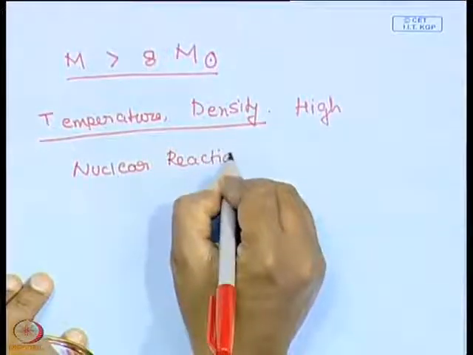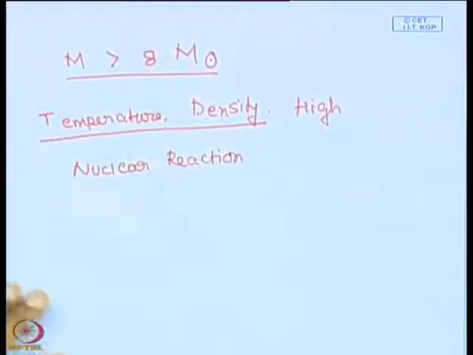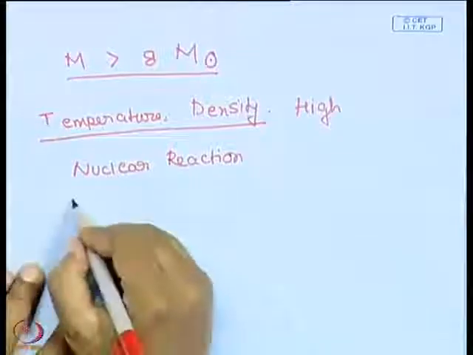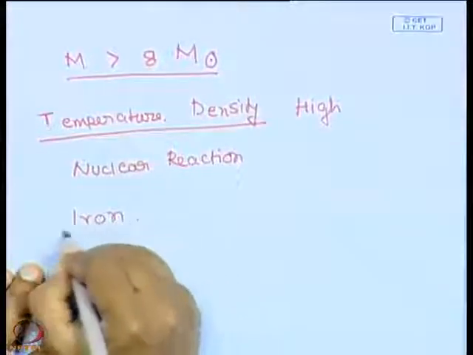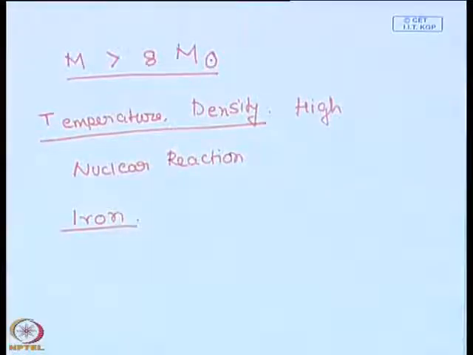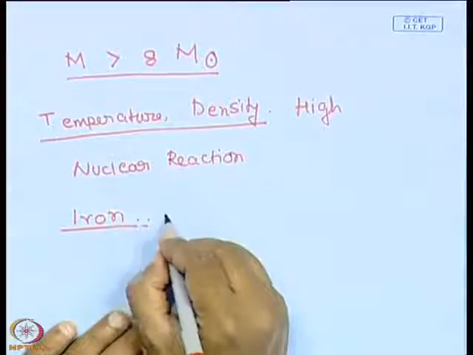So, you have nuclear reactions going on, forming heavier and heavier elements. Finally, you reach iron. Iron is the most stable nuclei.